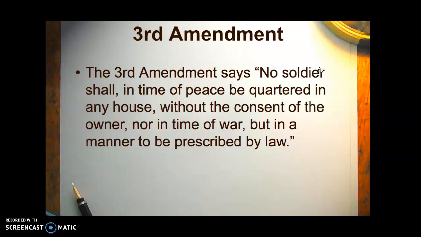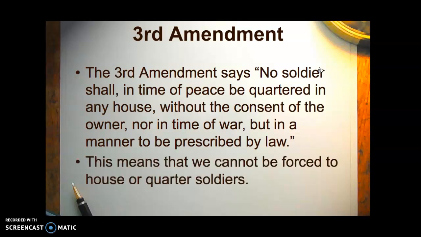There's nothing for you to write in yourself, but just be aware that an amendment was made to address the grievance that our founding fathers had against the British Parliament and the King when they forced British soldiers into people's homes, and the colonists had to shelter them. And so this amendment protects us from our government ever forcing soldiers to be quartered in our homes.